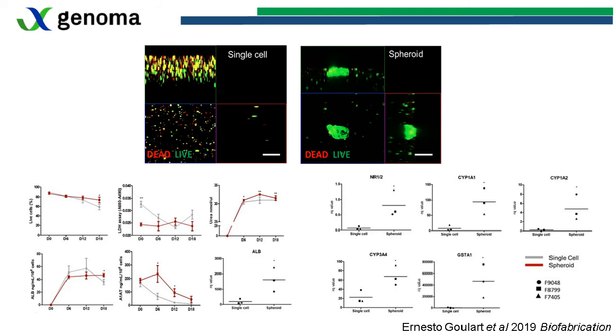And finally, when we look at the expression of important hepatic markers such as nuclear receptor 1-2, CYP1A2, CYP1A1, CYP3A4, and GSTA1, all of these markers are significantly more expressed in the spheroid group at the end of our protocol. So that shows us that in terms of hepatic function, the spheroid group is significantly superior as compared to the single cell group.